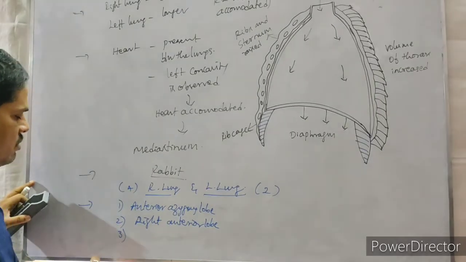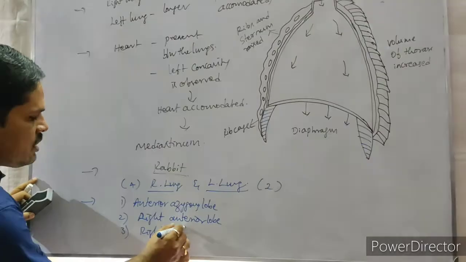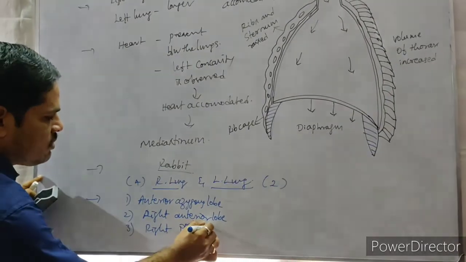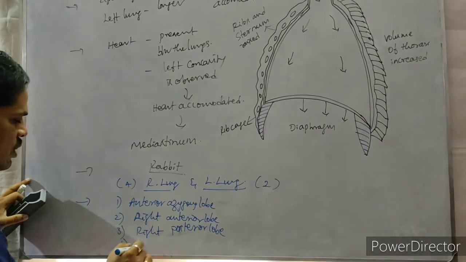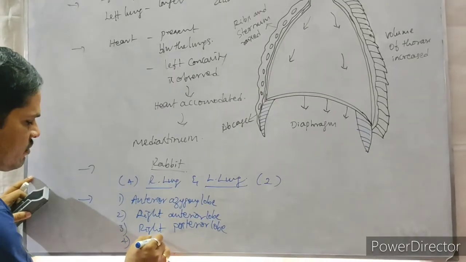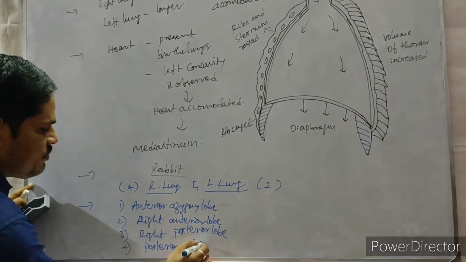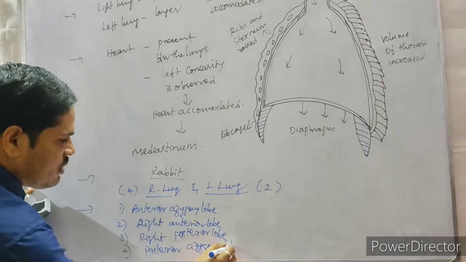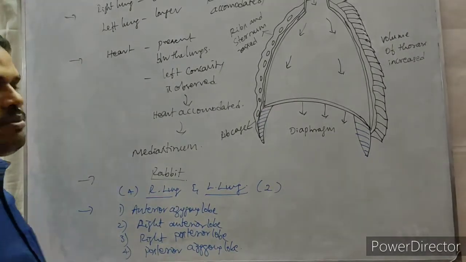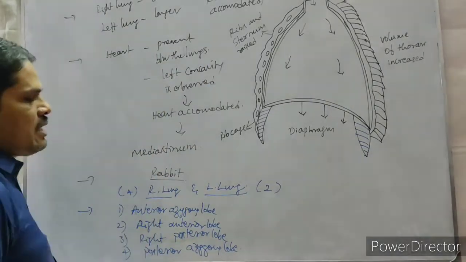Then the right posterior lobe. The last one is the posterior azygous lobe. These are the 4 lobes we observe in the rabbit. These 4 lobes come under the right lung.